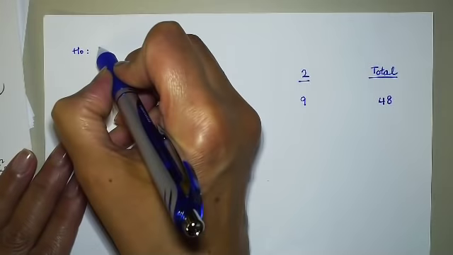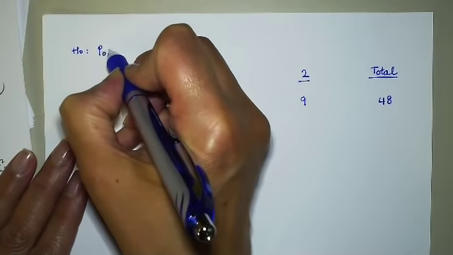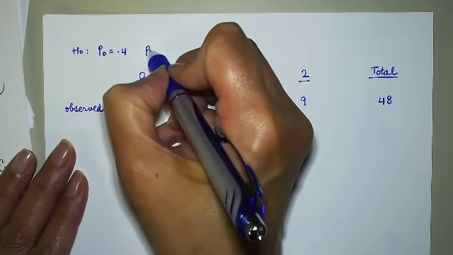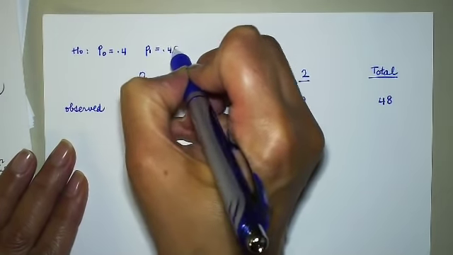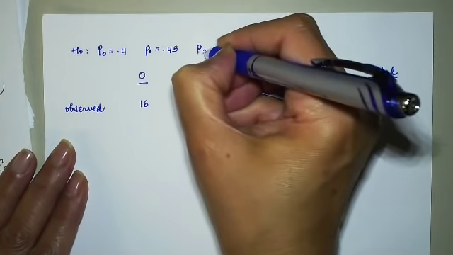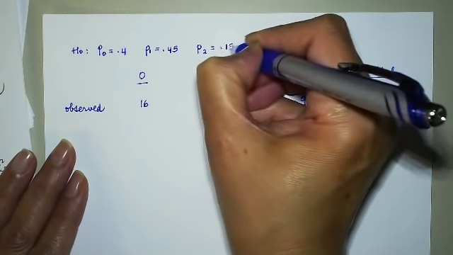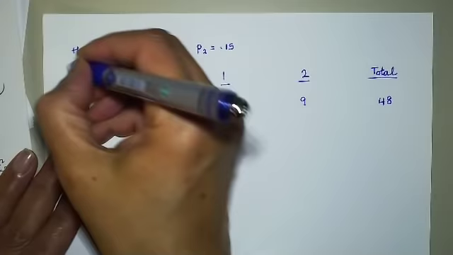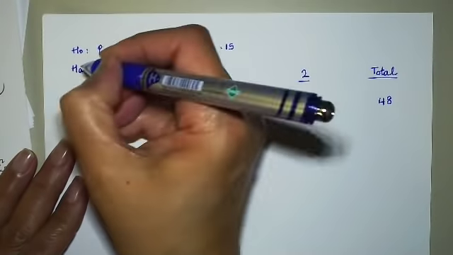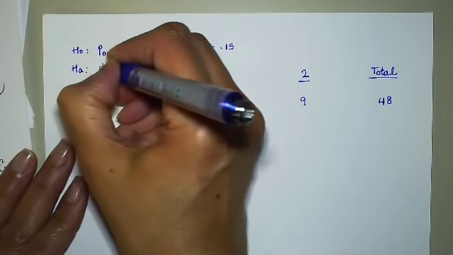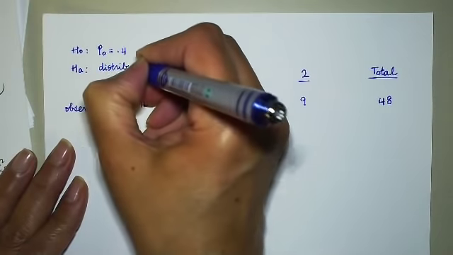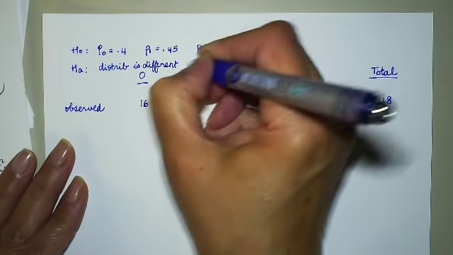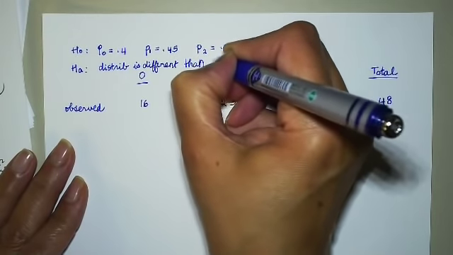H naught: probability of 0 airbags is 40%, probability of 1 airbag is 45%, and probability of 2 airbags is 15%. All these have to add up to 1, which they do. Versus HA: the distribution is different than stated above.